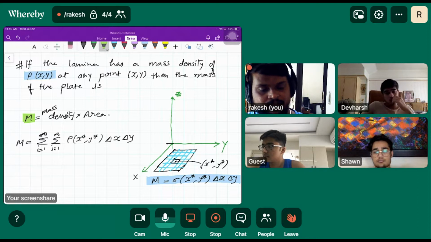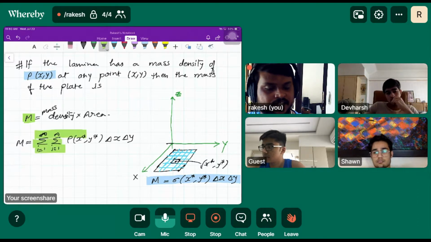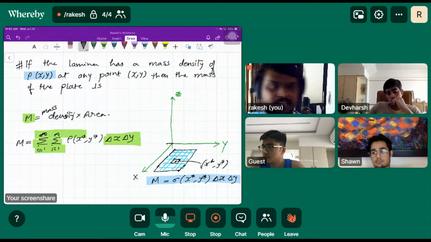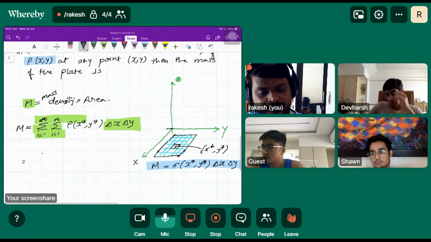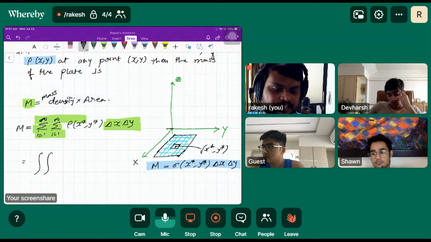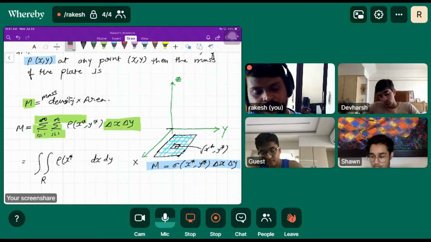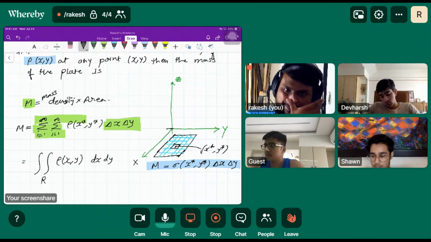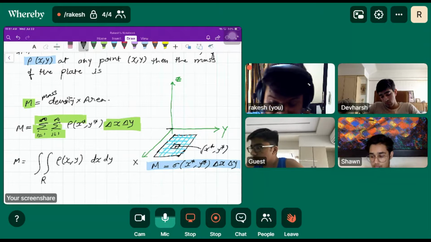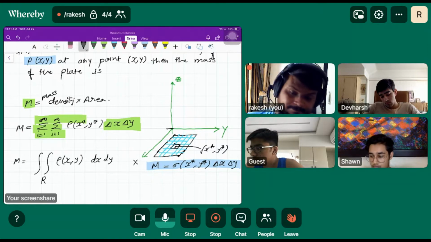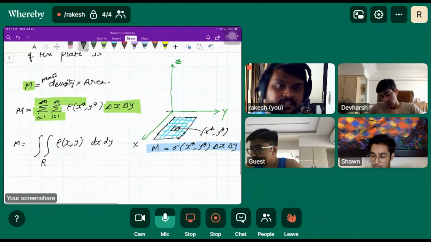You know very well that we can replace this by integration, by definition. So according to definition, this can be replaced by the double integral over the region of rho(x, y) dx dy. So this will give us the mass of the plate, isn't it?